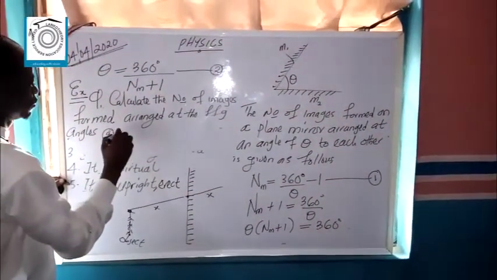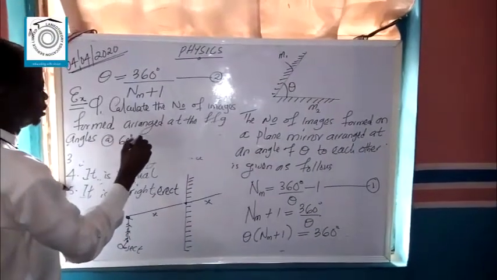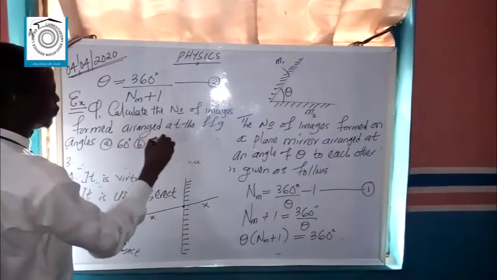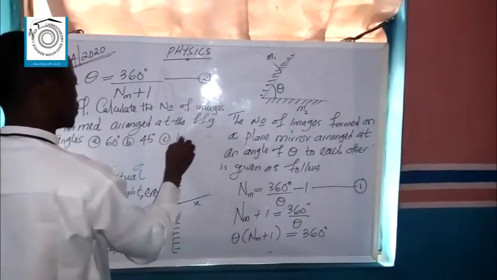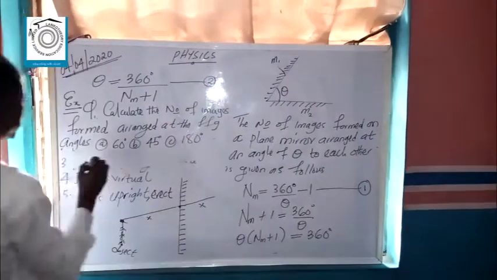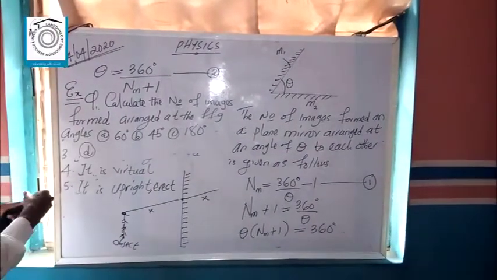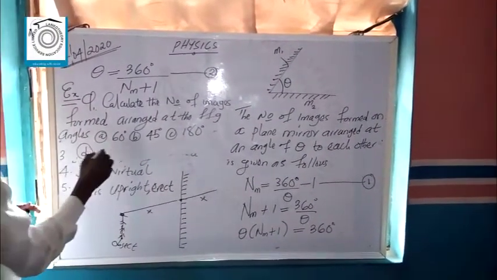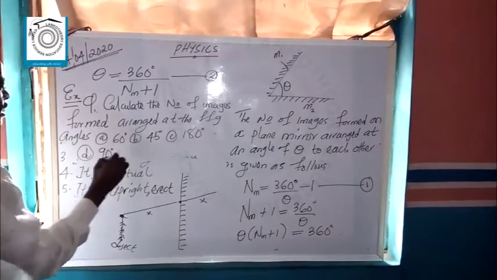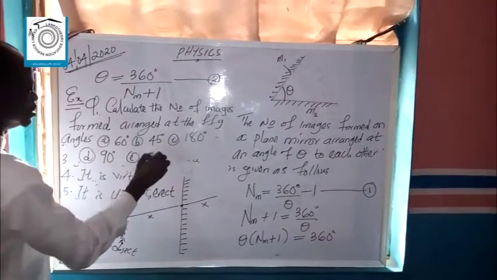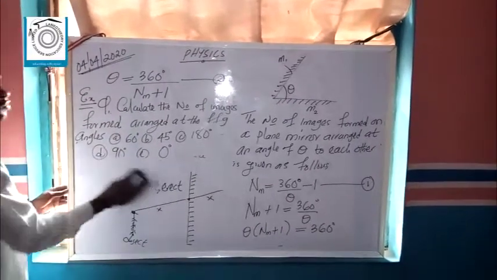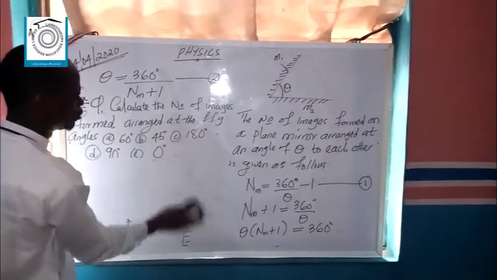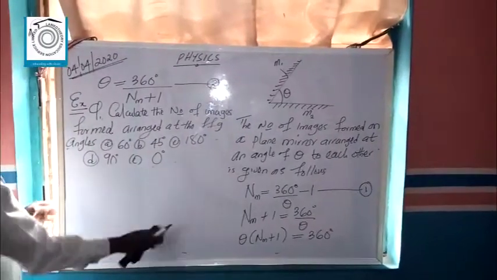A, I have 60 degrees. B, the number of images formed when you have 45 degrees. C, the angle is 180 degrees. D, suppose the angle between the mirrors is exactly 90 degrees, which is perpendicular. E, the angle between the mirrors is 0 degrees. So we want to know the number of images formed at each of the following angles at which the mirrors are arranged.